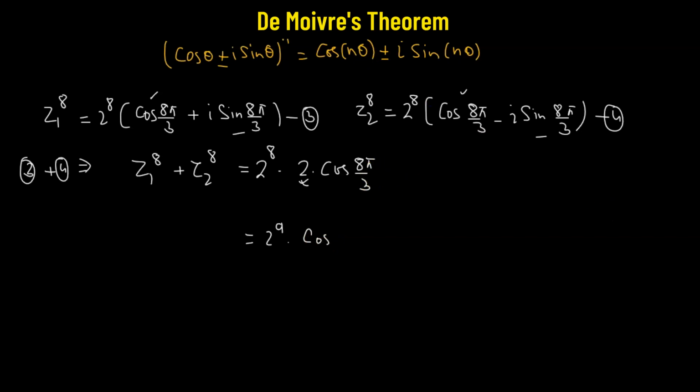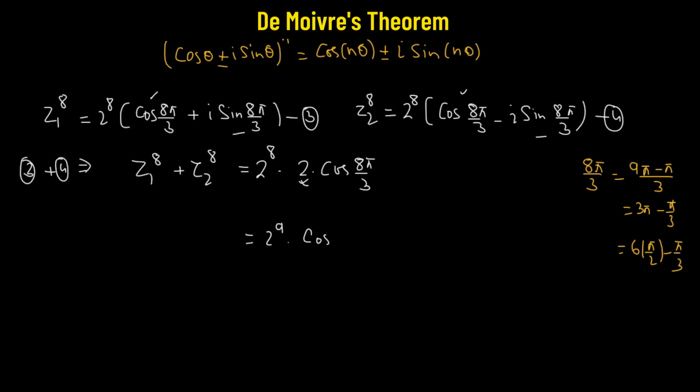So let's work on 8 pi over 3. This can also be represented as 9 pi over 3 minus pi over 3, giving us 3 pi minus pi over 3. And now 3 pi can also be represented as 6 times pi over 2, minus pi over 3.